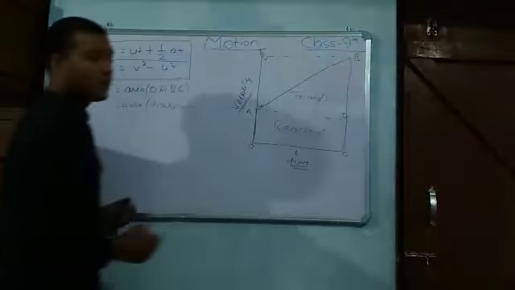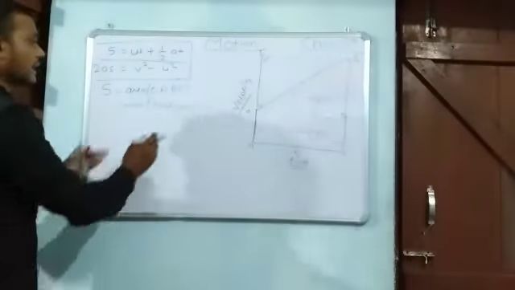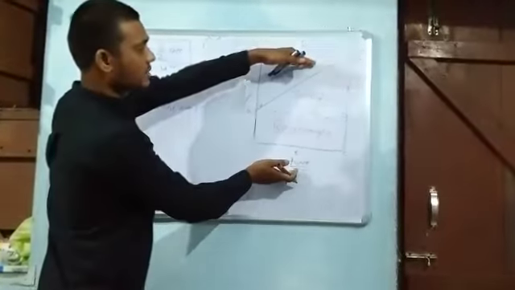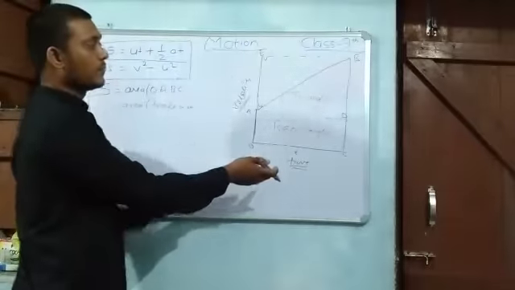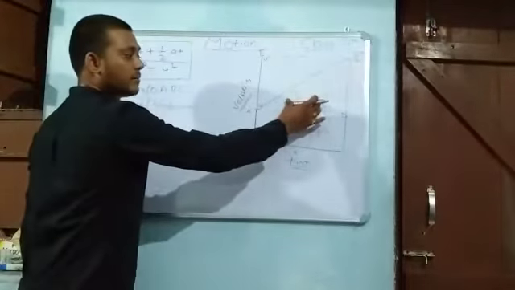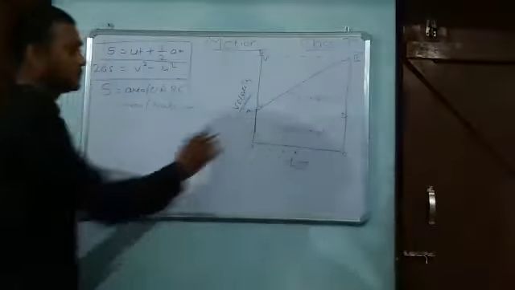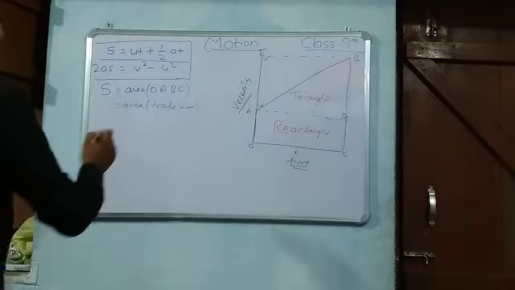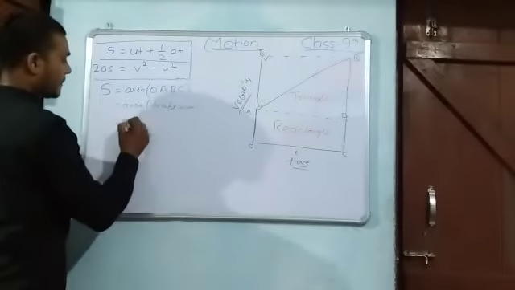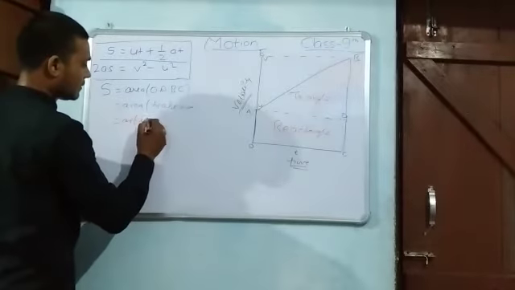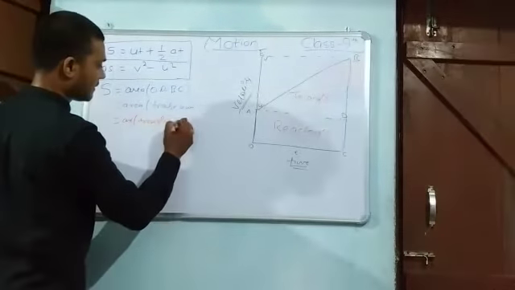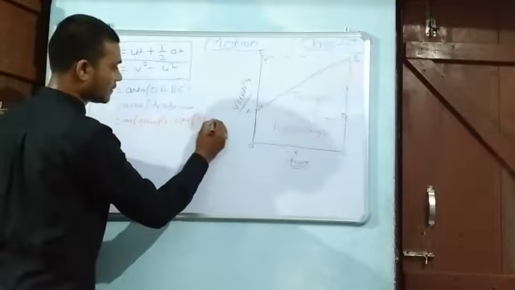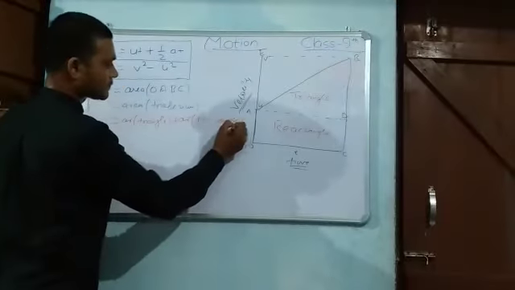So we can also write it this way: the area of the trapezium is equal to the area of the triangle plus the area of the rectangle.